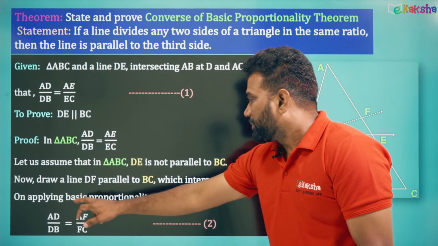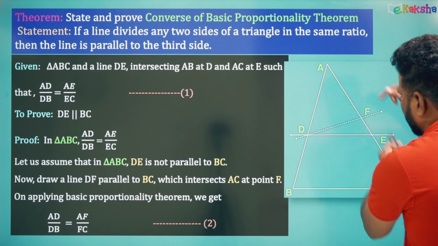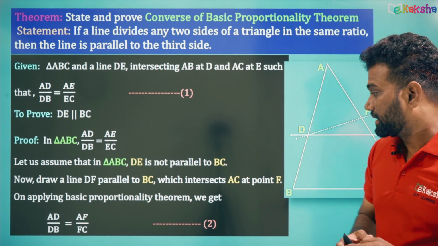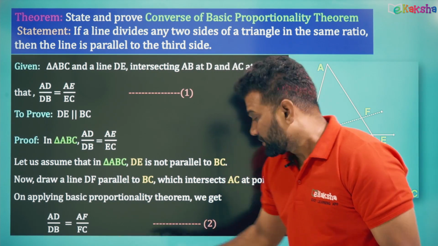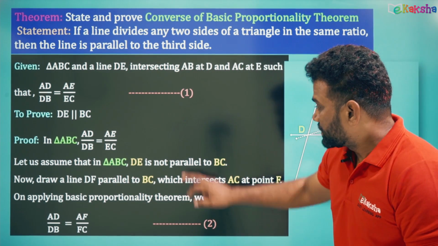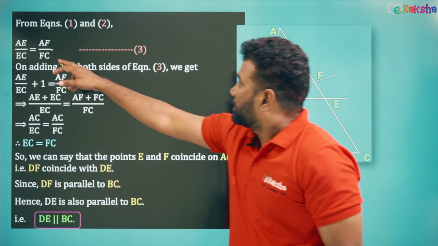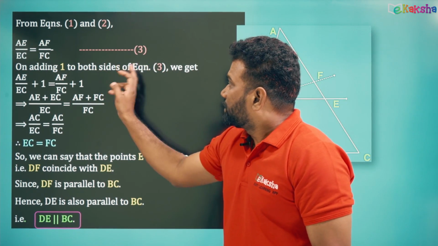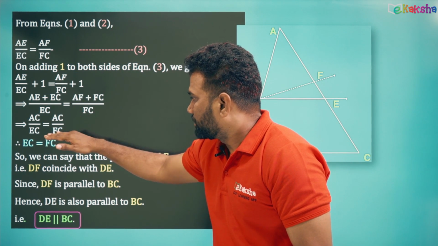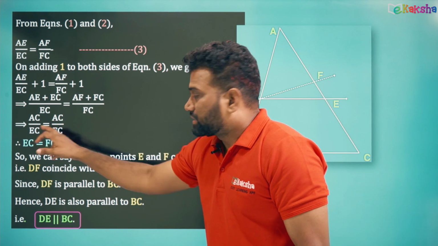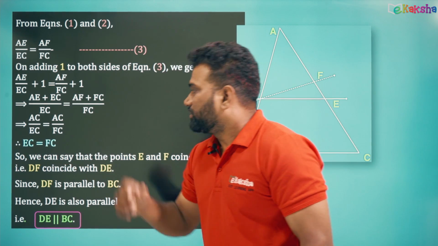On applying basic proportionality theorem, because if a line is parallel to the third side, then the line divides the other two sides in the same ratio, we have got another relation, AD over DB is equal to AF over FC. We call this equation number 2. From equations 1 and 2, the left side parts are equal, so the right side parts are equal. Then we have equation 3. On adding 1 to both sides of equation 3, we have AC over EC is equal to AC over FC, and numerators are equal, so denominators must be equal, so EC equals FC.